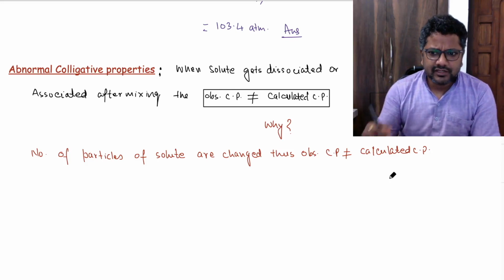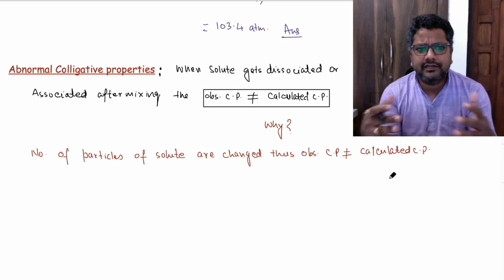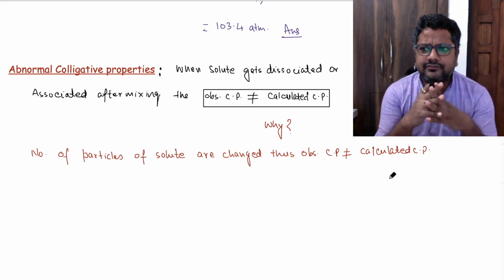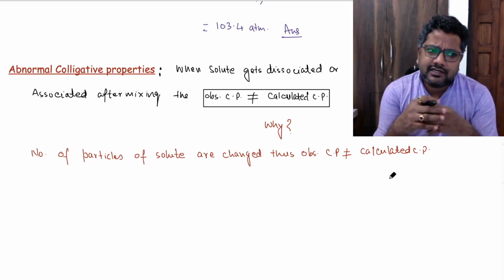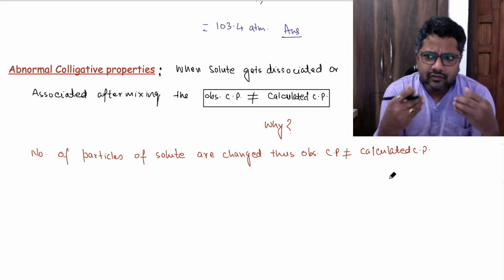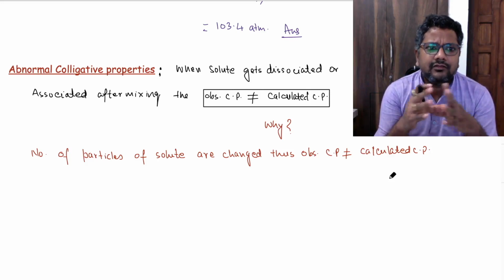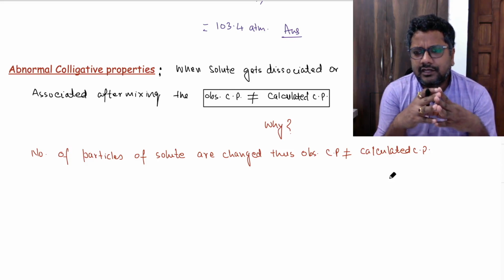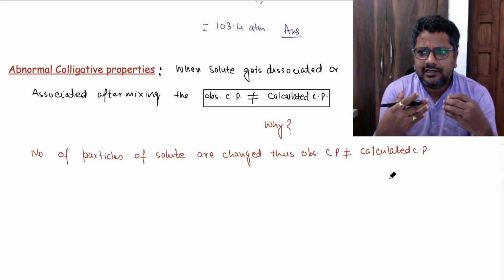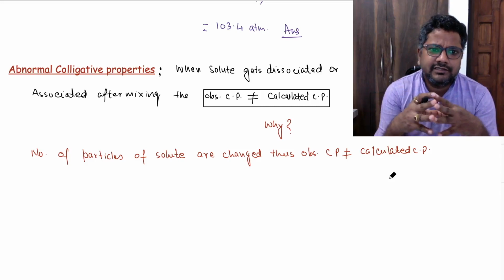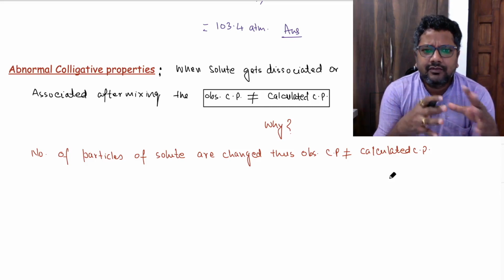One more way we can calculate this is without knowing the Van't Hoff factor, but since this is given in your book, that's why I am taking it. Otherwise, I can explain without it.